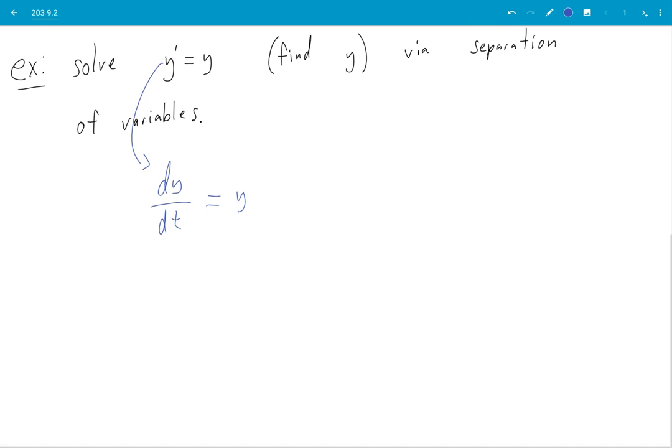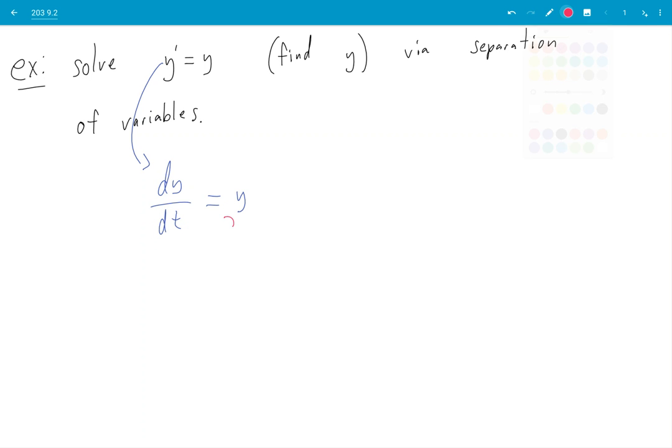Now, the separation of variables is quite simple. I'm just going to take this equation, treat this as a fraction, and everything that involves a y will go over to the left-hand side. And everything involving a t will go to the right-hand side.